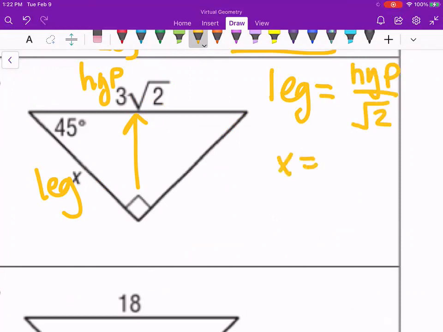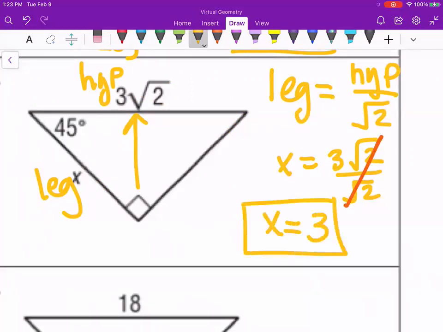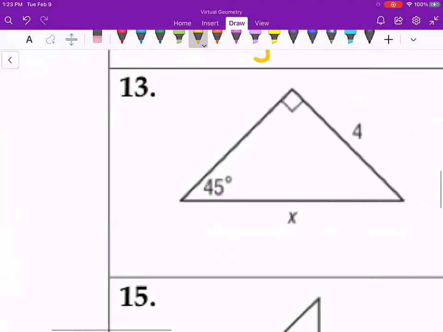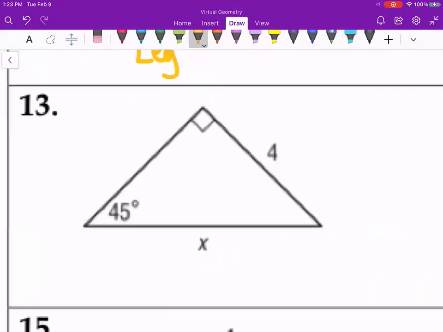So x is equal to 3 square root 2 divided by another square root 2. Those radicals will cancel, and all that's left over to be my leg length is the 3. Again, it's done. We don't have to do anything else to this. Let's try some more. All right. Again, across from 90 is the hypotenuse.